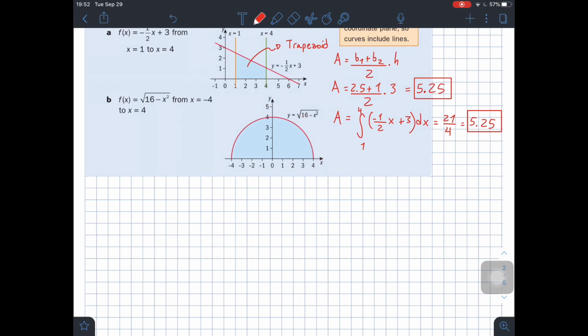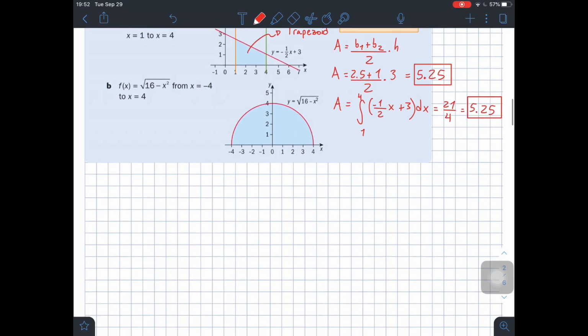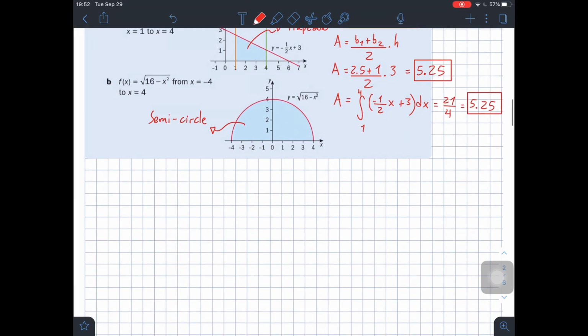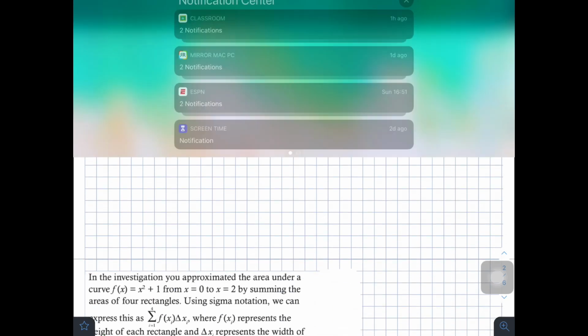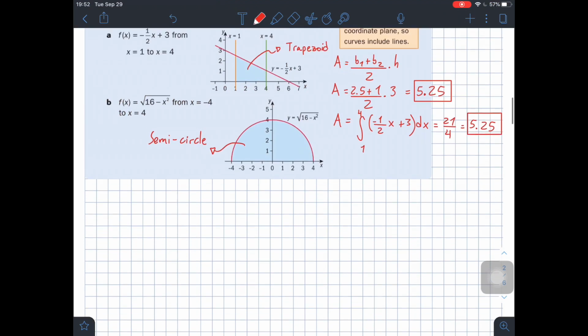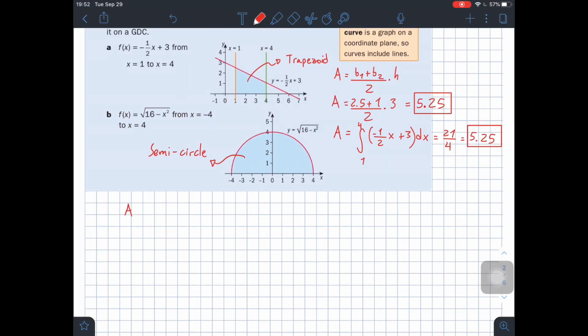We want to find the area below this curve, and this is a semicircle. So let's identify the figure first. This is a semicircle. If I want to find the area of this figure geometrically, the area of a circle is pi r squared.